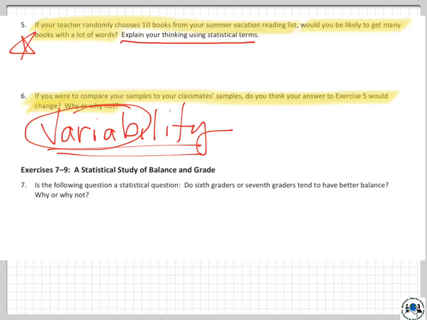Okay, so the balance of this lesson here is exercises 7 through 9, and they're calling it a statistical study of balance and grade.